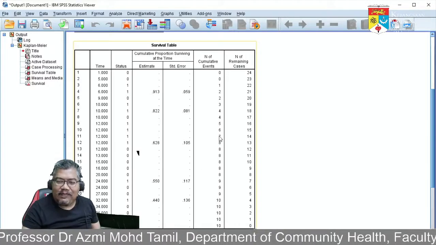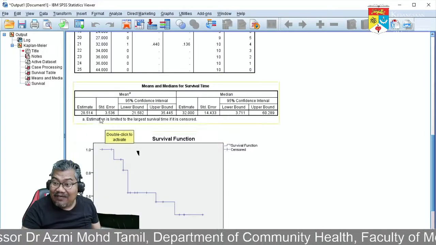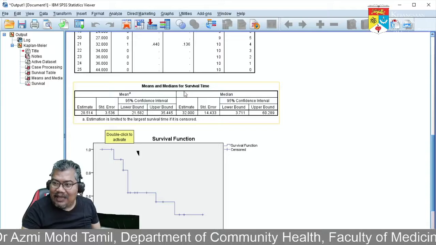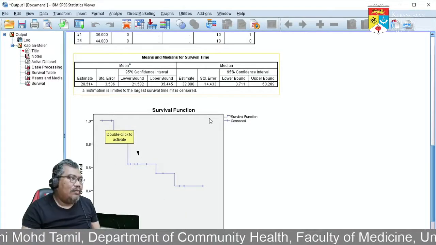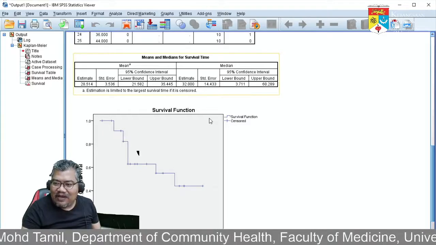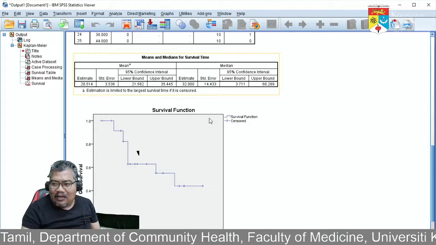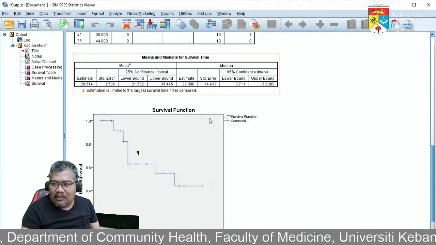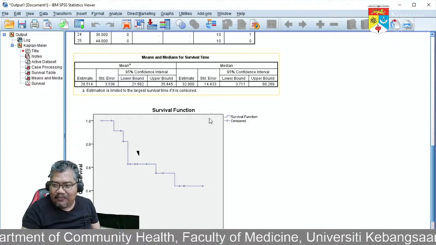So what will happen then is you will get this function. This gives you the mean and the median for survival time. Remember, survival analysis is a non-parametric analysis. Why? The duration of time is not normally distributed.